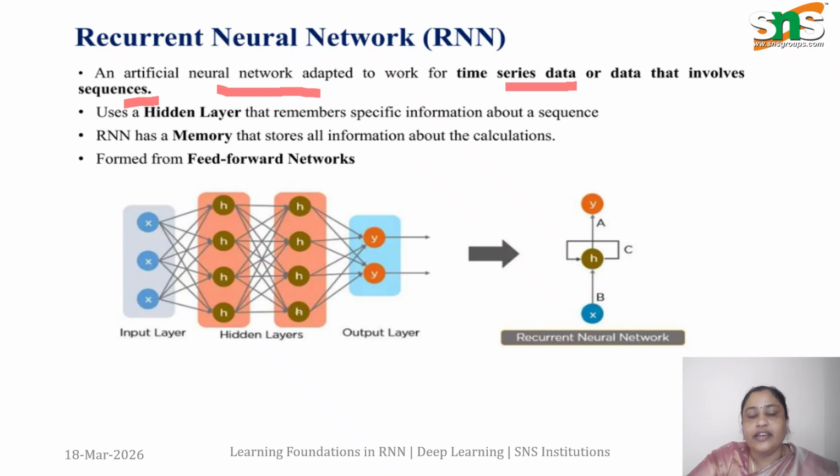In an RNN, you have three layers. The input layer, in which you feed the sequence of text, and the hidden layers. This hidden layer is responsible for remembering specific information about the sequence that is being fed. Remember the Google search that helps to autocomplete words, is it not?